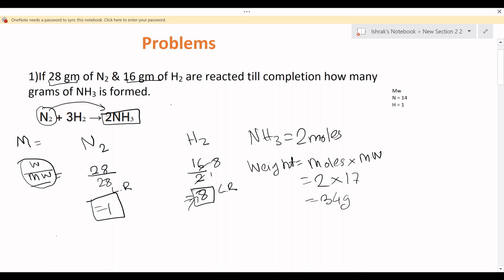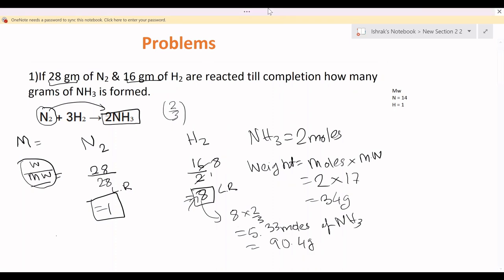So 8 moles, 8 times 2 by 3, gives me 5.33 moles of NH3. Now, if we find the weight, it comes out to be 90.4 grams. Now, you can quite understand the big difference: 90.4 and 34. This is almost 3 times. So this is why it's quite important to actually know which one is your limiting reactant.